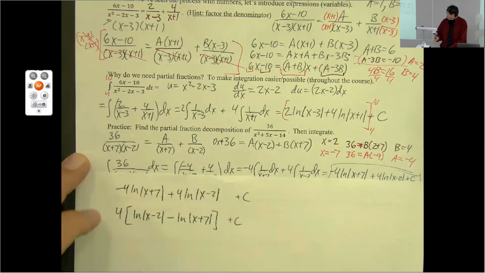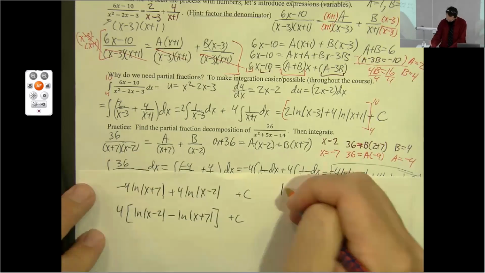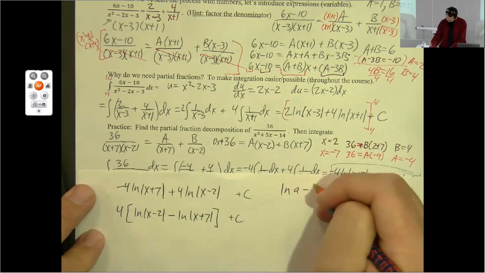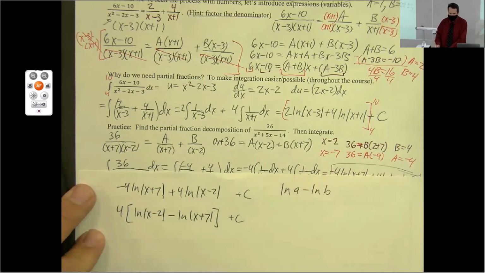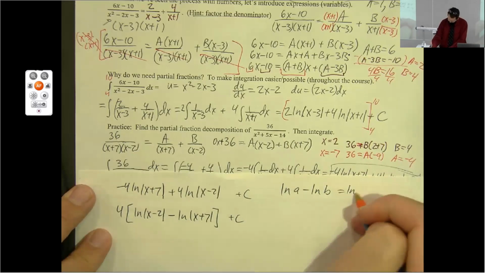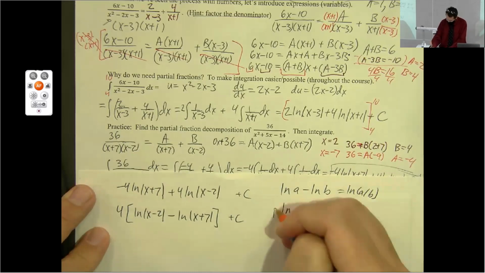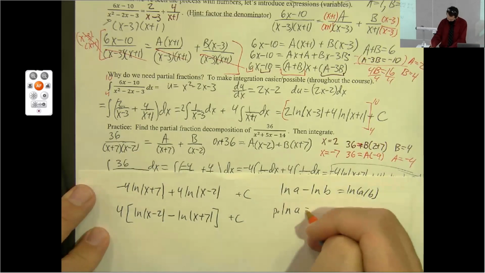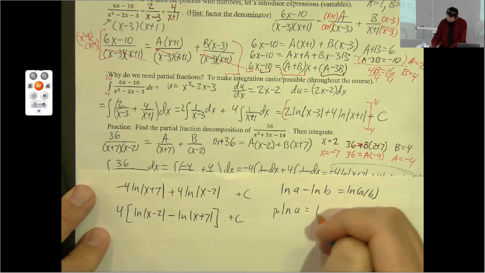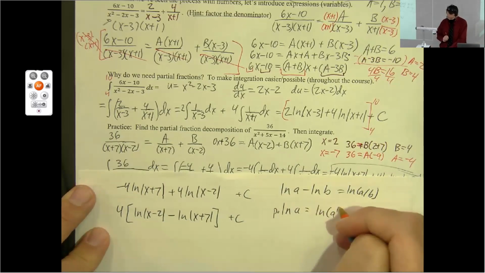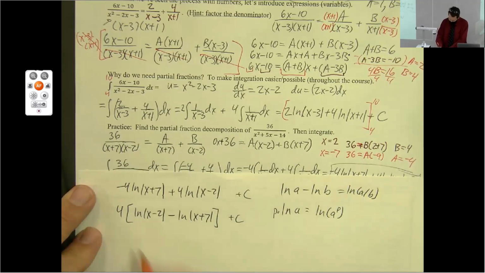Now, if we have natural log of a minus natural log of b, what's another way I could write that? Natural log of a over b, right? And what's p times the natural log of a? ln of a to the p power. Okay, so let's do a couple more baby steps here, just to show how we're all good.